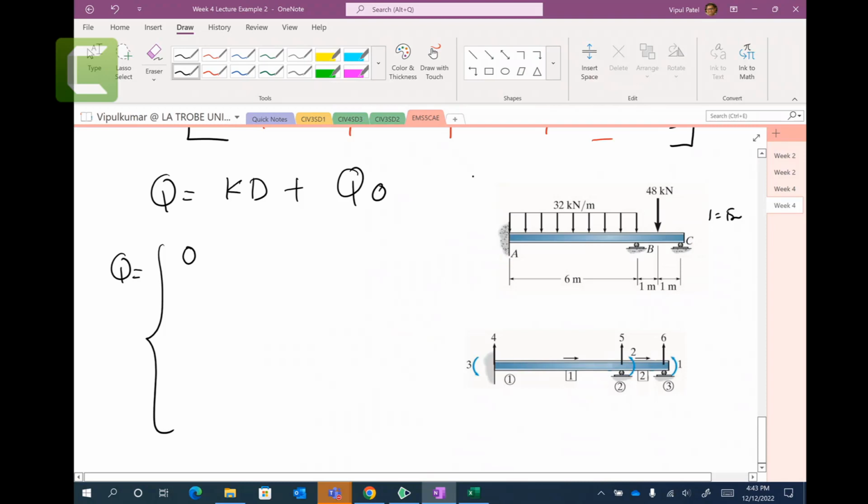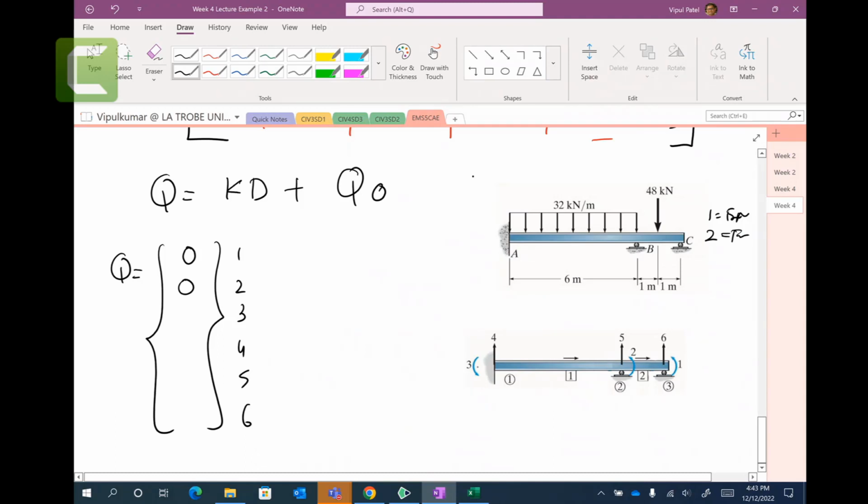There is no force. Number two is also a free degree of freedom, and there is no force here. We have a total of 6: 1, 2, 3, 4, 5, and 6. Number two is 0 because it is just a free degree of freedom.